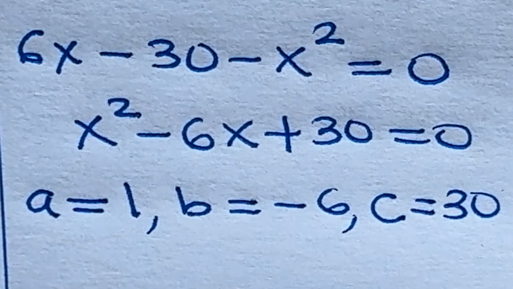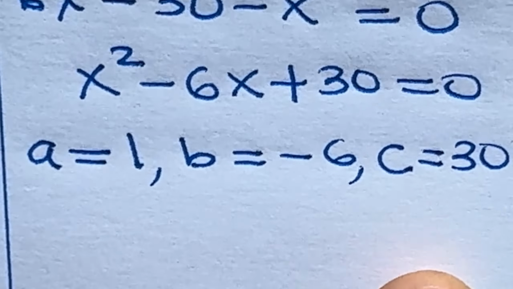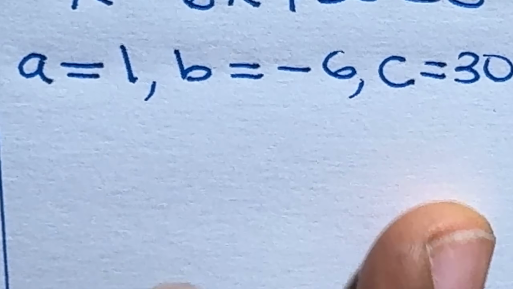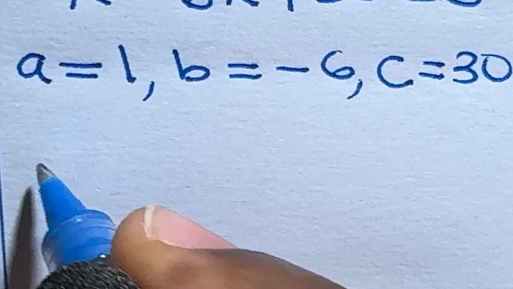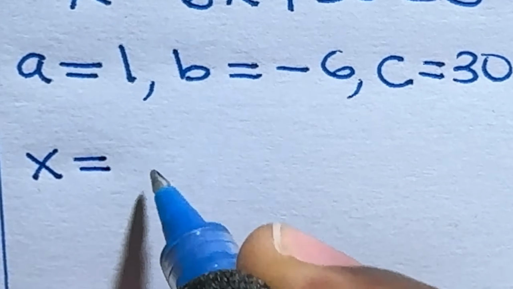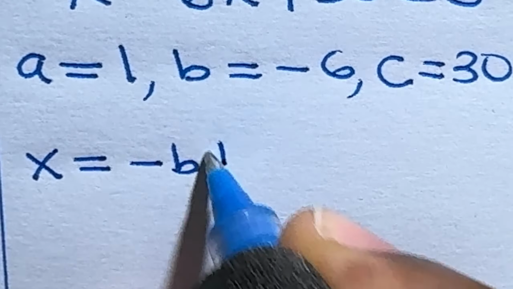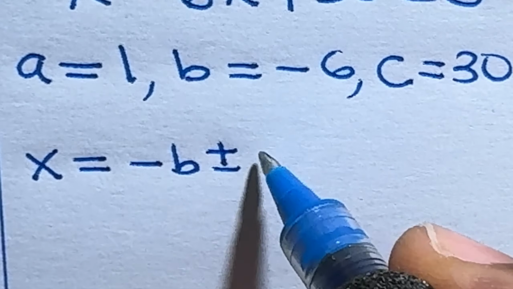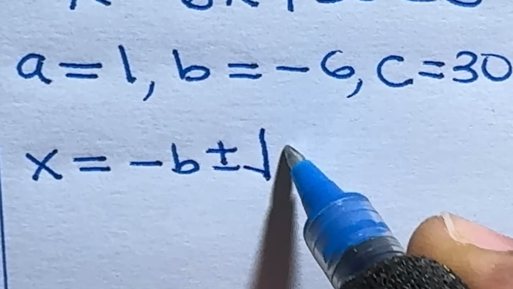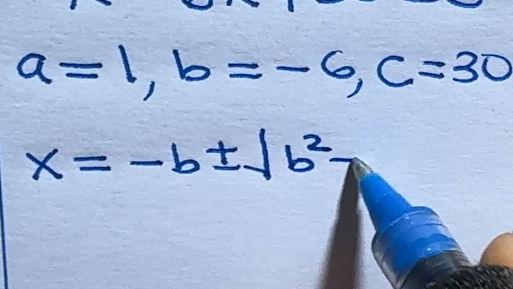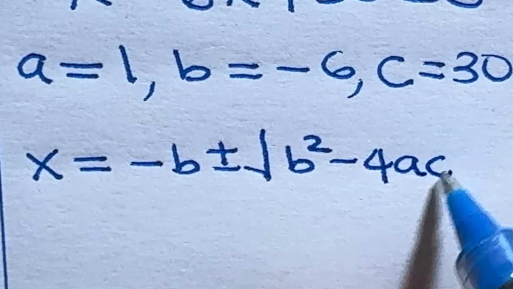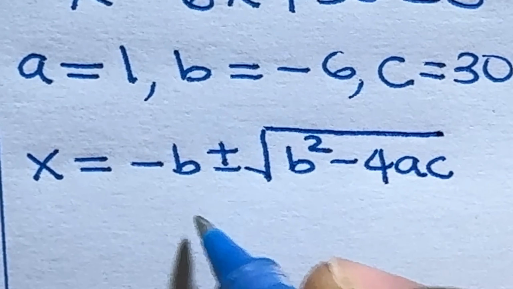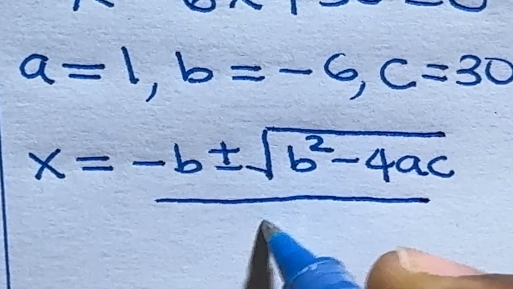So we can then apply the general quadratic formula, which is x is equal to negative b plus or minus the square root of b squared minus 4ac, then divided by 2a.